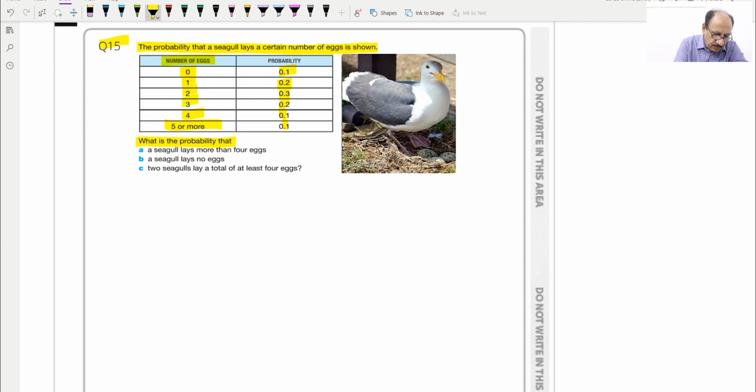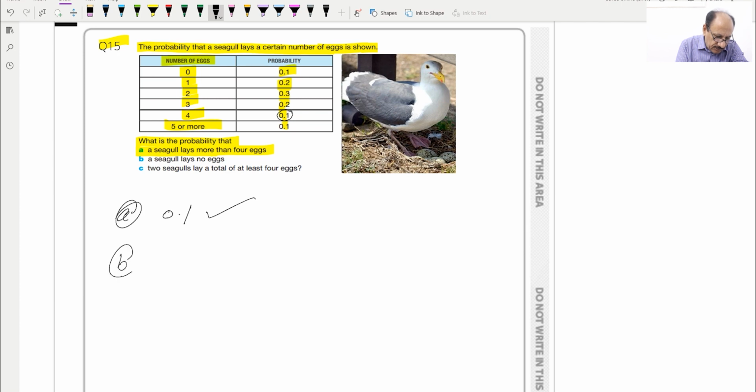What is the probability that, A part, a seagull lays more than 4 eggs? So more than 4 eggs, we just need to check from the table, and this one is the easier part. More than 4 is this, which is 0.1. So our answer will be 0.1 for this. It is simple, straightforward.